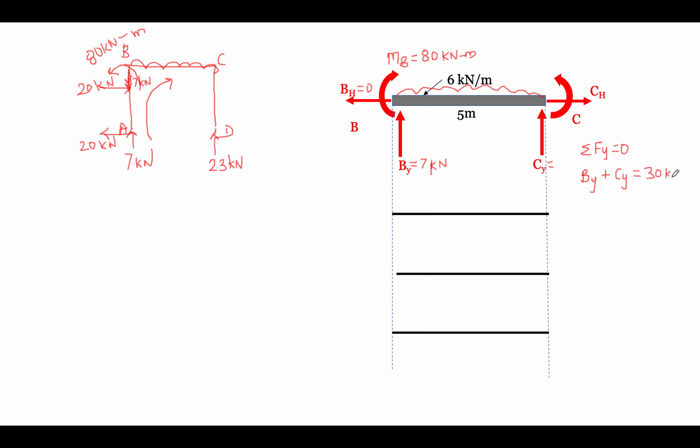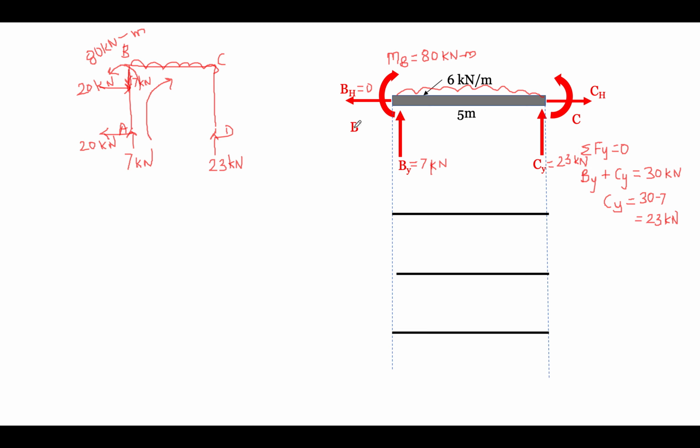Only two forces are going up here, By plus Cy. And By we know is 7. So obviously Cy will be nothing but 23 kilonewton. So 30 minus 7, total load 30 minus 7, is 23 kilonewton. So we are done with our Cy force. This is 23 kilonewton.